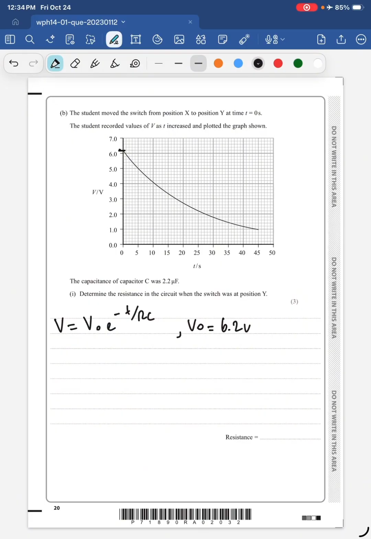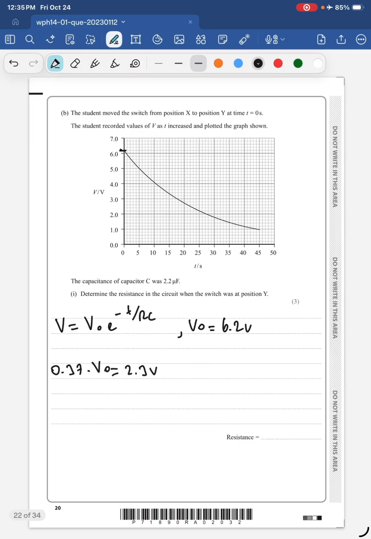And 0.37, so 37% of V naught is 2.3 volts. So 2.3 is somewhere, let me think, 2, 4, 6, so 2.3 is somewhere here.